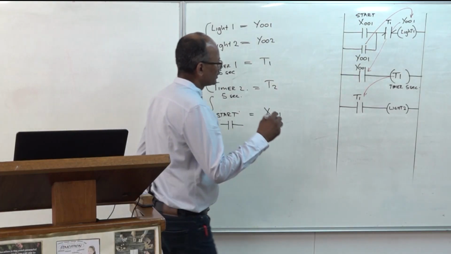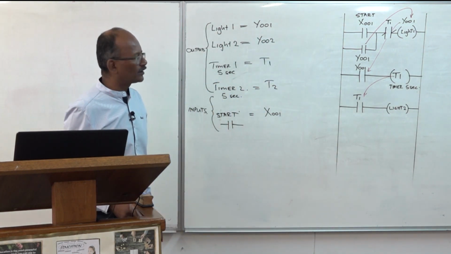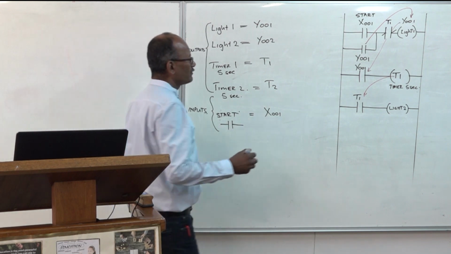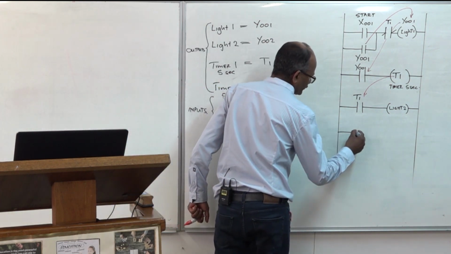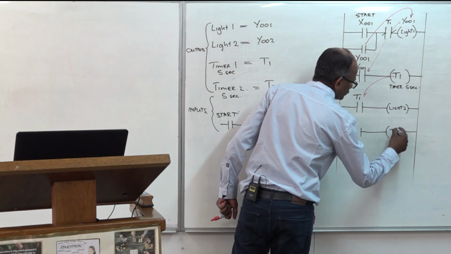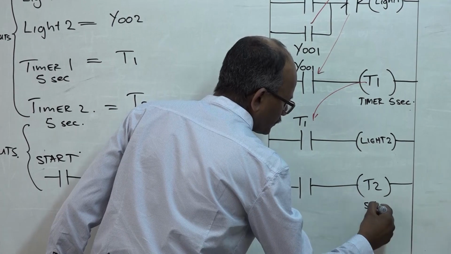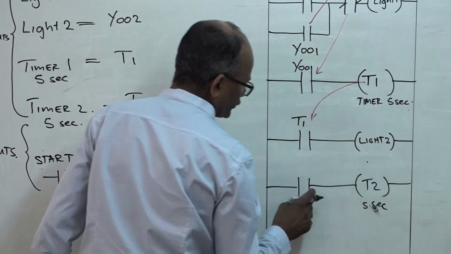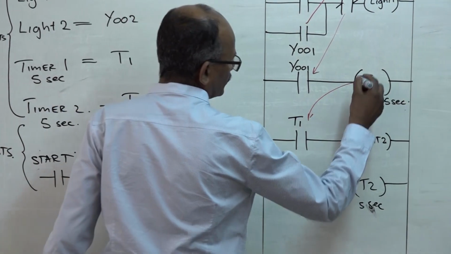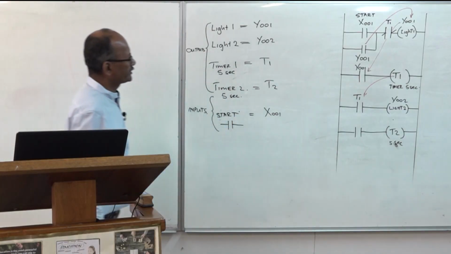Now, let's look at it. After light 2 is on, they want another timer to time for 5 seconds. So this would be T2, 5 seconds. Remember, don't forget to put your addresses.